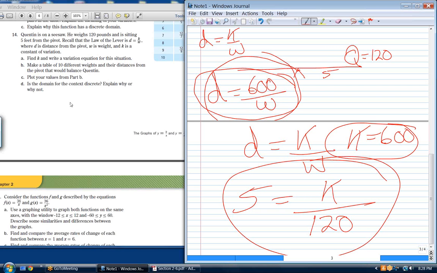Okay, good. So part B says make a table of 10 different weights and their distances from the pivot that would balance Quentin. Make a table.